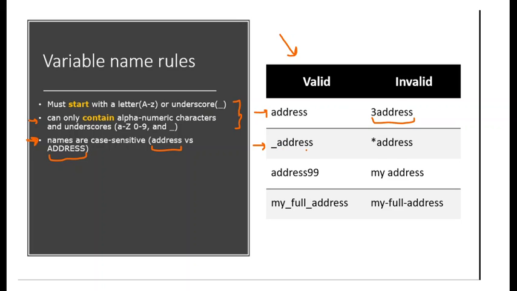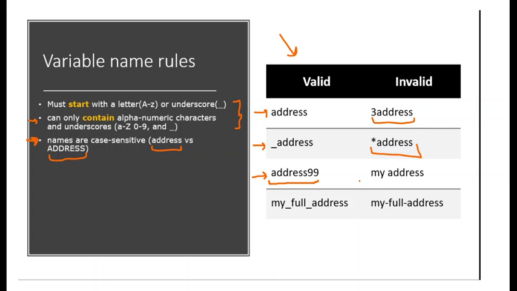Completely fine. We can start with underscores. Star or asterisk address is invalid. Why? Because we haven't started with a letter or underscore. Third example, address99. It contains a number, but it hasn't started with a number. Therefore, this one is valid.